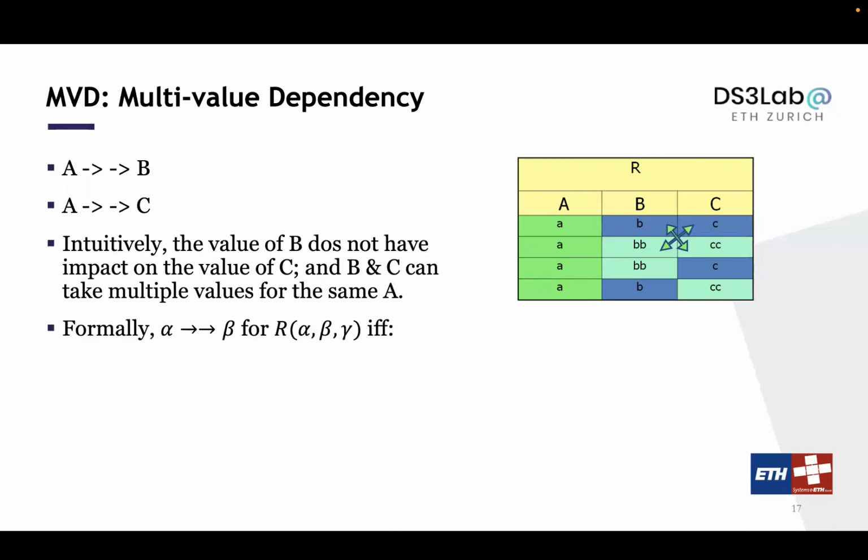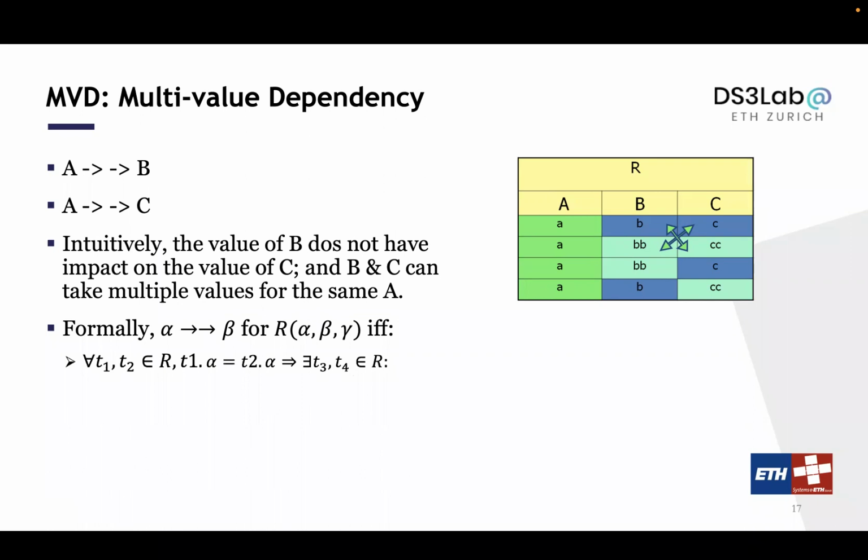Essentially, at a high level, it tries to encode information that some value, for example B, has no impact on the value of C, conditioned on A. Formally, we say there's a multivalued dependency from alpha to beta, for a relational schema containing 3 subsets of attributes, alpha, beta, gamma, if and only if the following holds.